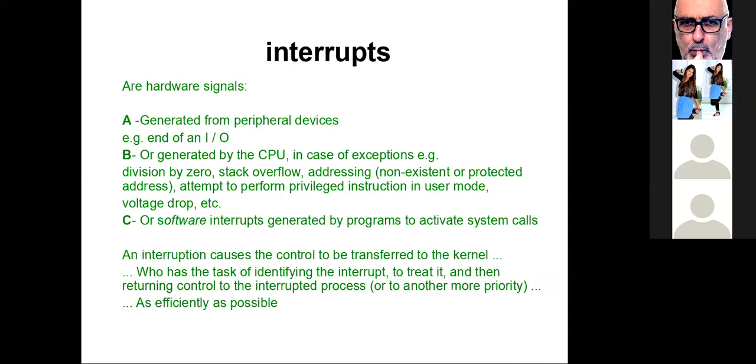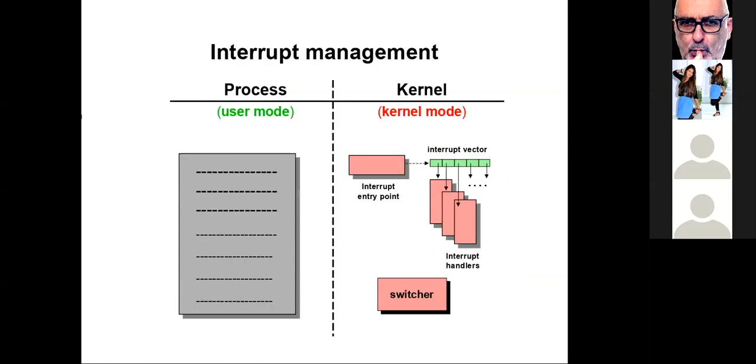Software interrupts are the third category, the one we are dealing with now, because we are interested in system calls, and any system call generates interrupts. An interruption causes the control to be transferred to the kernel, and so on and so forth.